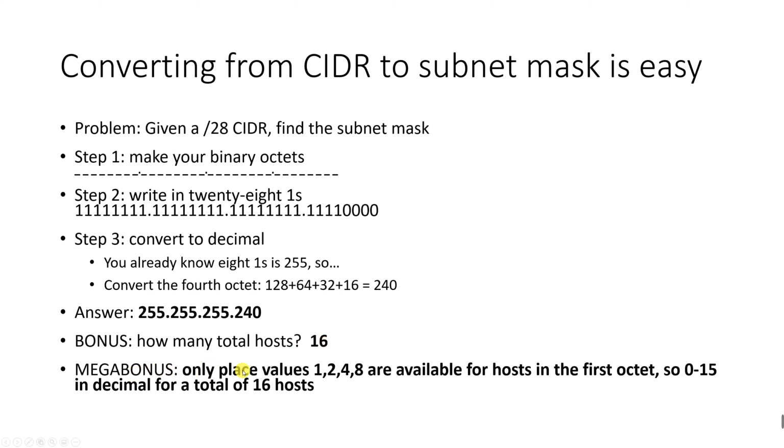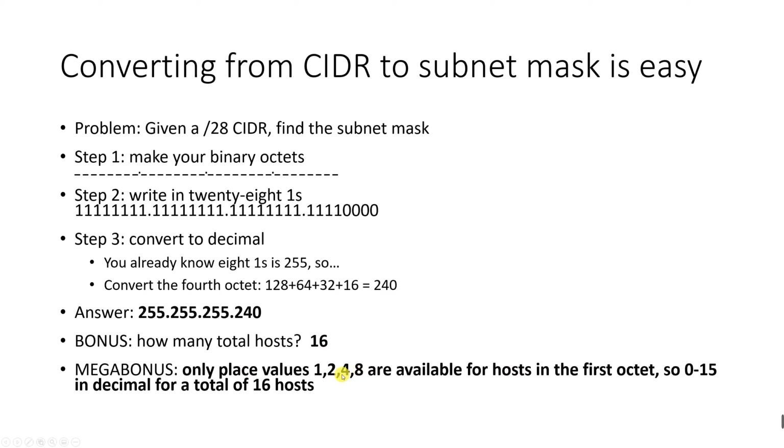So here's the mega bonus question. You may have already known this if you already looked at videos on the internet, but the place values 1, 2, 4, and 8 are available for hosts in the last octet. So 0 through 15 for a total of 16 hosts. Why?